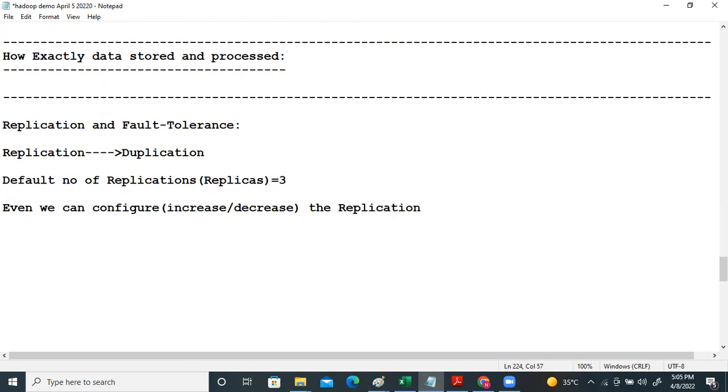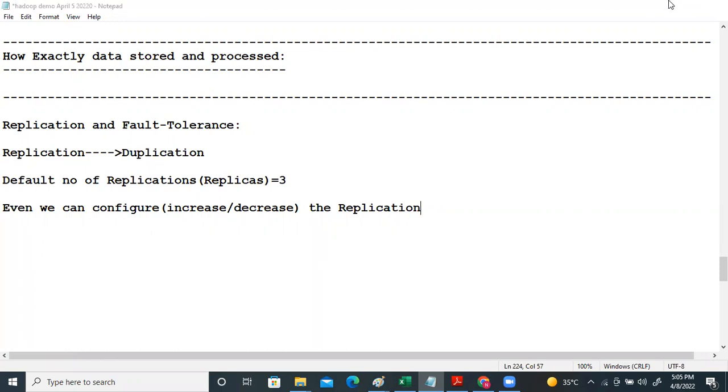By default it is 3 if you're not specifying anything. Just now I said how you configure the block size, right? The same way you write one property for how many replications you want, 3 or 4 or 5, depending upon the sensitivity of the data. If you're not specifying anything, by default it takes 3.